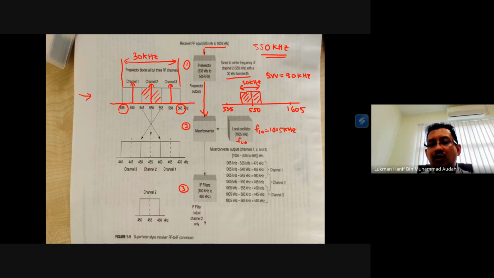And if you see, 1005 kilohertz is larger than all the input frequencies. Okay, it is larger than any frequency from 535 until 1605. Therefore, in this example, we are using the high side injection.